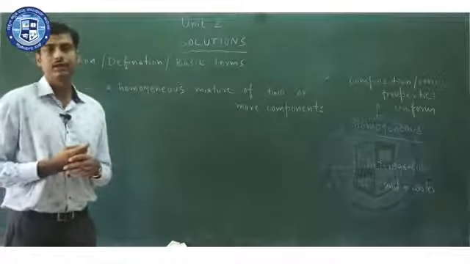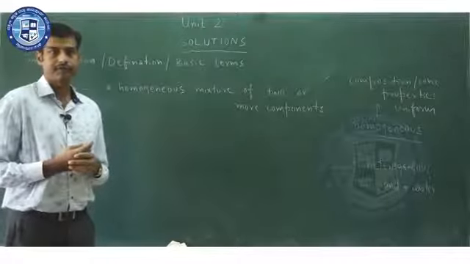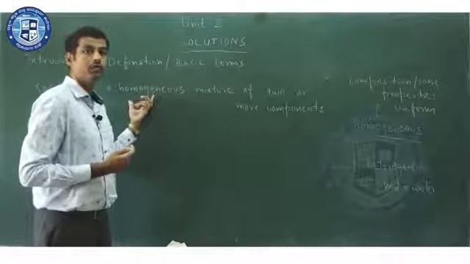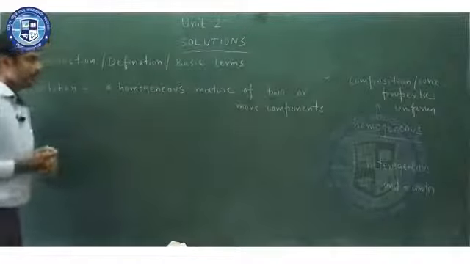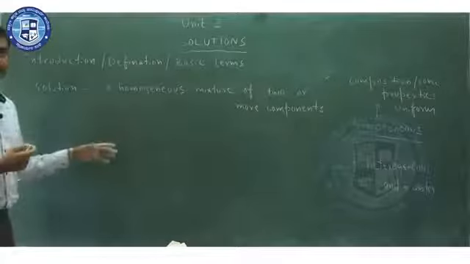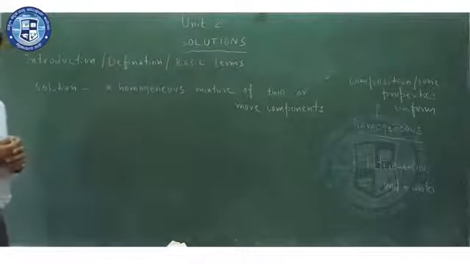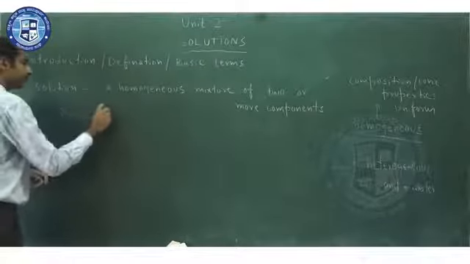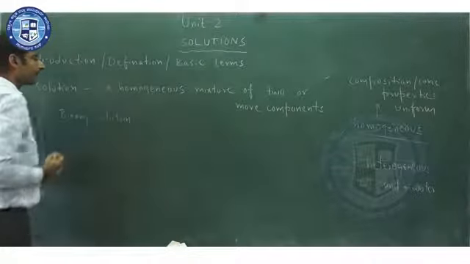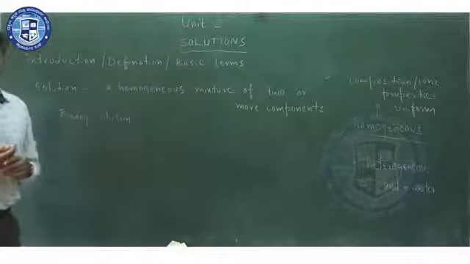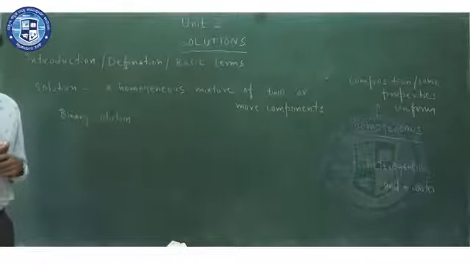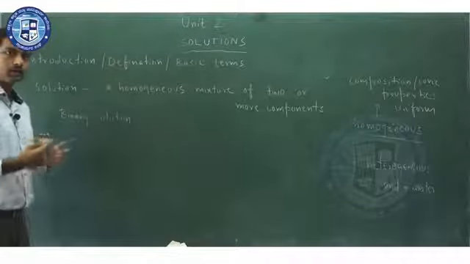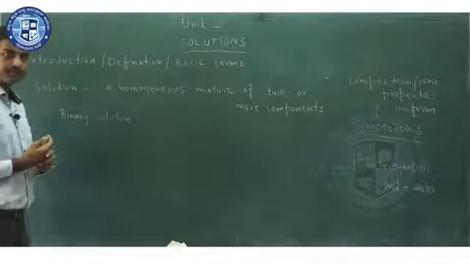I might have solutions wherein there are more number of components, and more importantly, this mixture should be a homogeneous mixture. If there are two components, as in this example taken, then such a solution formed is referred to as a binary solution. If there are three components, it will be a ternary solution, or four components, it will be a quaternary solution, and so on.